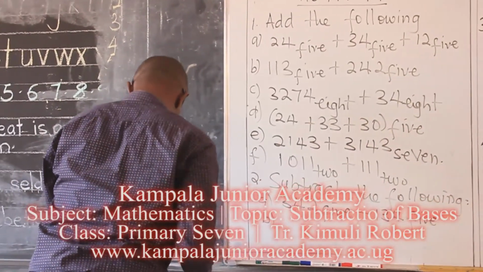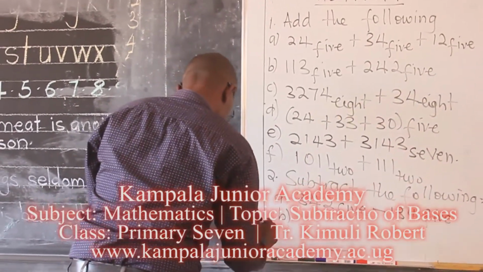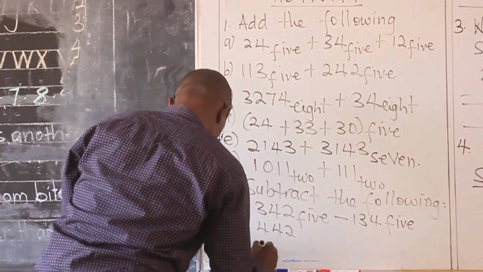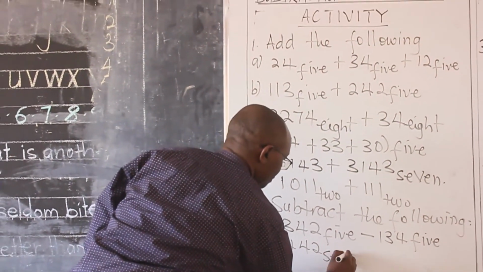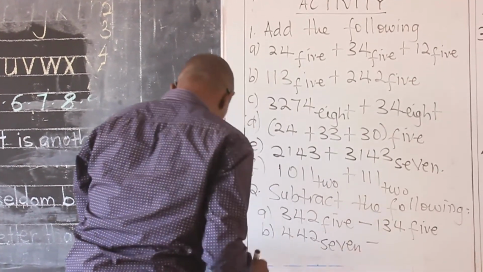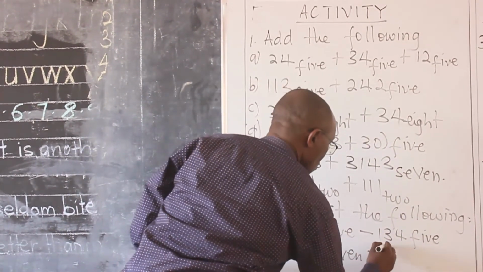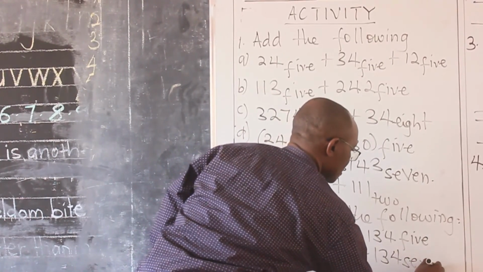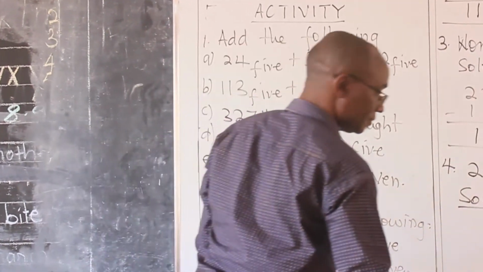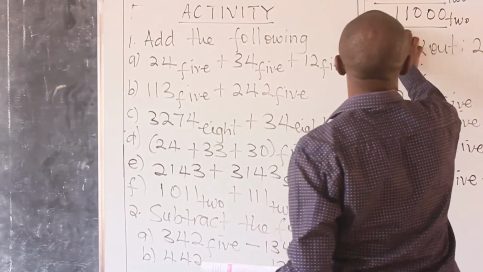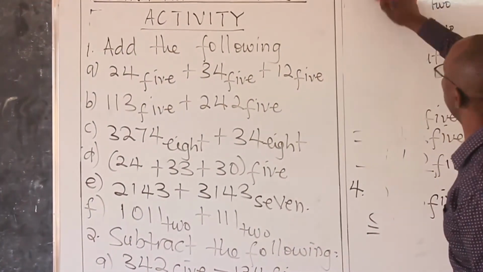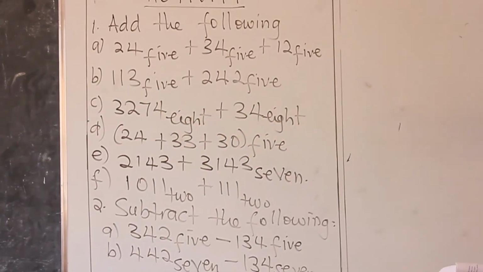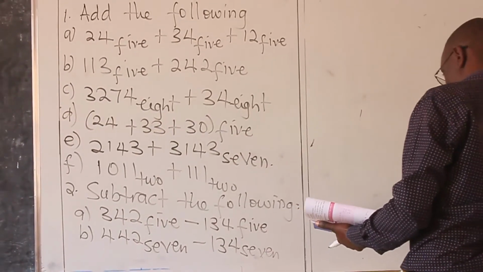Part B: 4442 base 7 minus 134 base 7. So number 2 is subtraction, and number 1 you do addition.